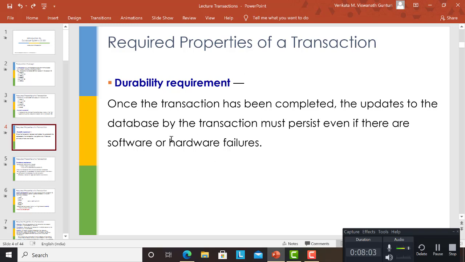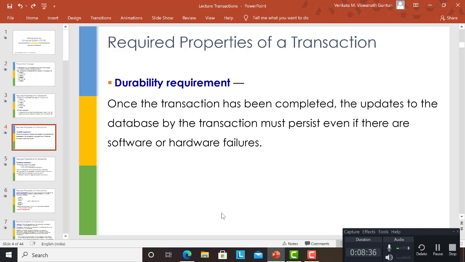There is a whole module of the database system called the recovery manager, which takes care of durability a whole lot. But I don't think we can cover that in this course, just some information that you know, right? Okay, so hopefully you understood what the durability requirement is. Another example: let's say you transferred money from account A to account B, right? And then you got a green signal that the money has been transferred, right?